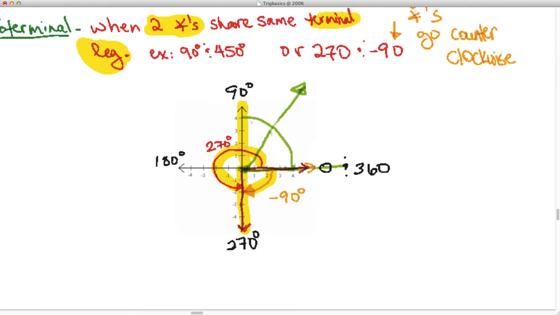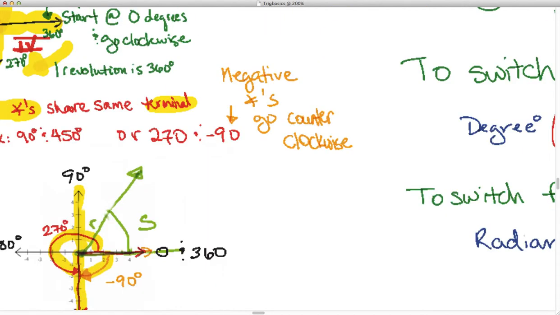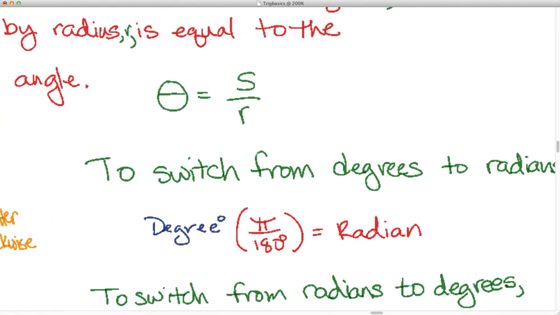Okay, so whenever you take the arc length, in this case just looking at this arc length right there, and if we took S and divided it by this R, we have the way we get our radian measures.